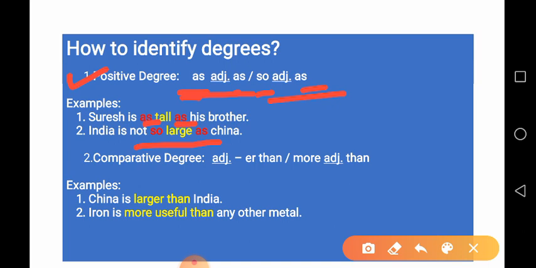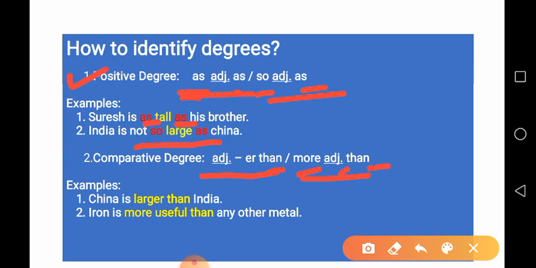Now, next, how to identify a comparative degree? You can use adjective, then er and later than, or more, adjective and than.